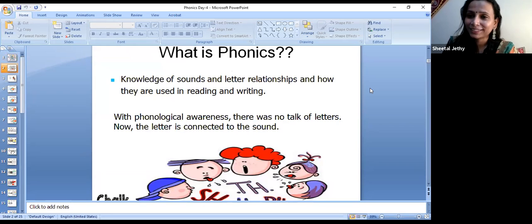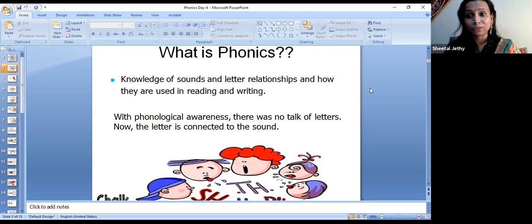What is phonics? When we say phonics, we all know that it is the knowledge of the sound of any letter, right? Always remember, a letter or an alphabet has three aspects. One is the name of that letter. Two is how it is written, the script of, let's say, A, it is written as A. The third is the sound of the letter.